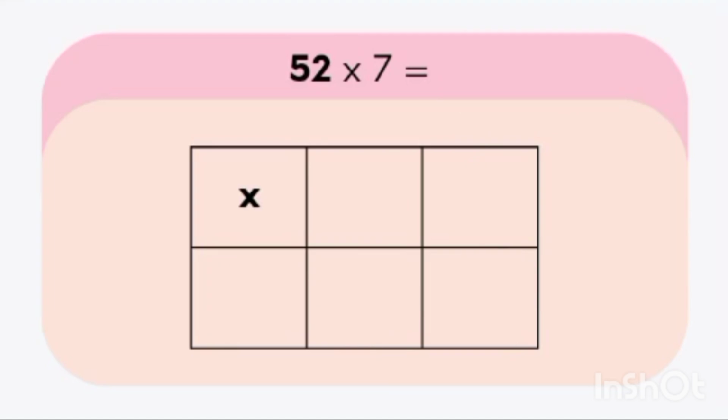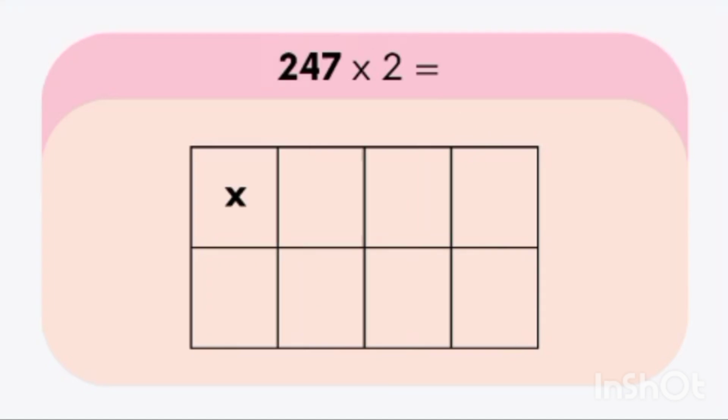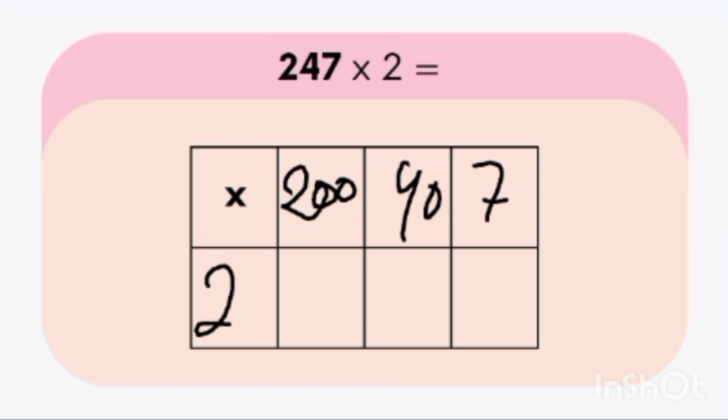Okay, now finally let's take a 3-digit number: 247 multiplied by 2. In this we are going to partition 247 into 200, 40 and 7, and then multiply each with 2.